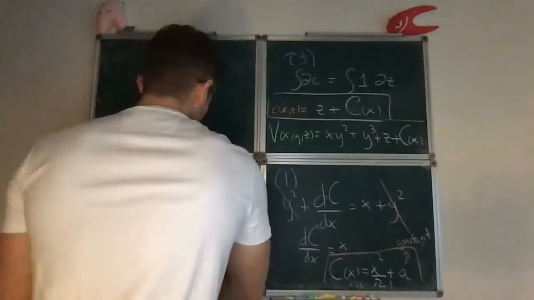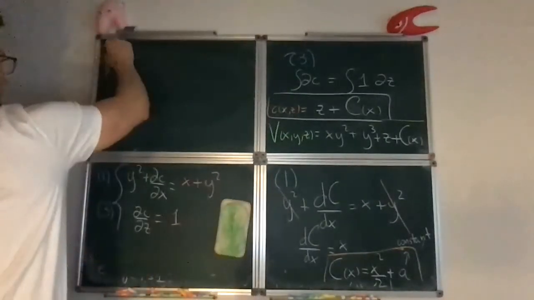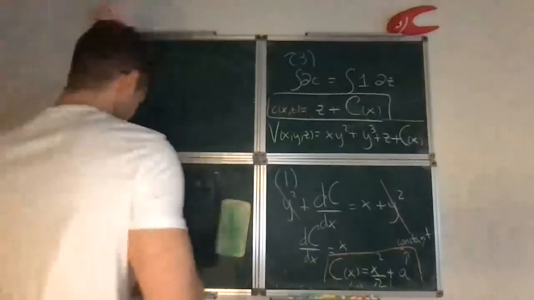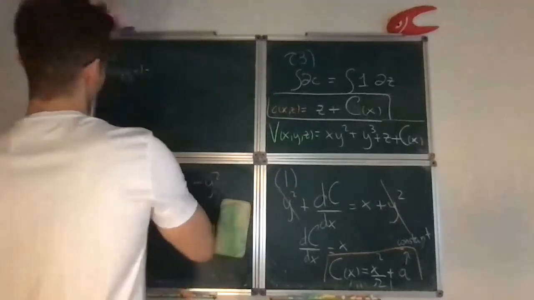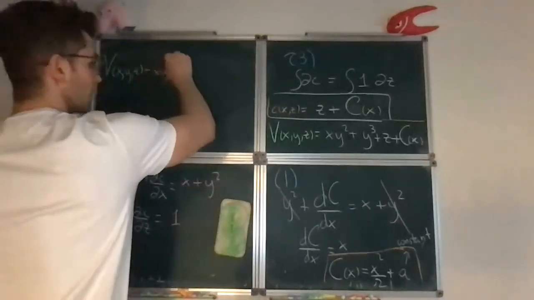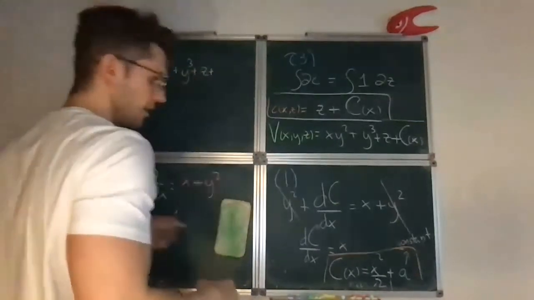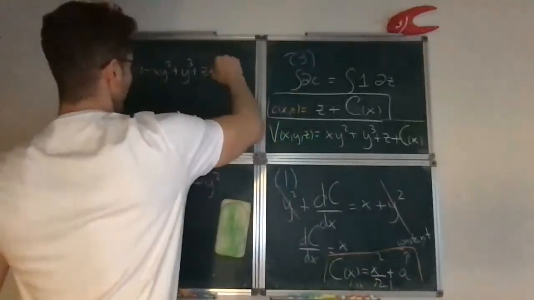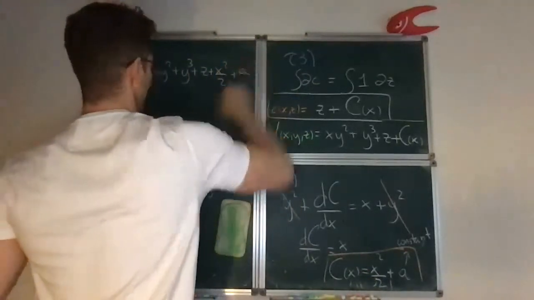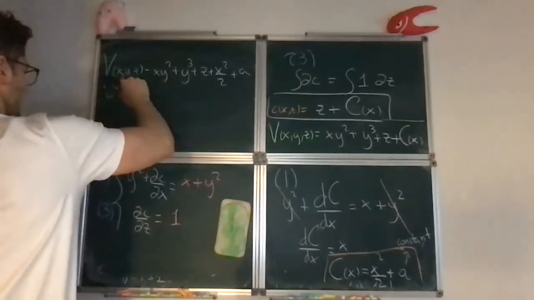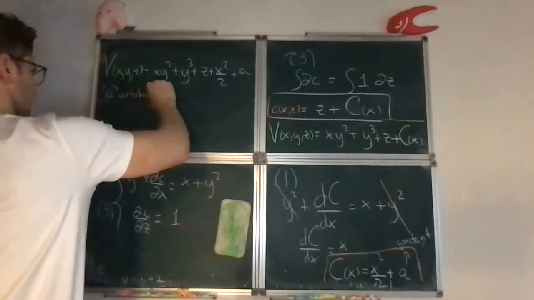And so the general formula of the potential is that v of x, y, z equals xy squared plus y cubed plus z, plus x squared over 2 plus a. And here a is an arbitrary number, arbitrary constant.